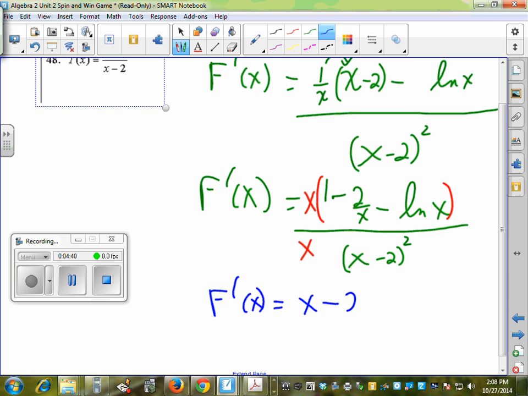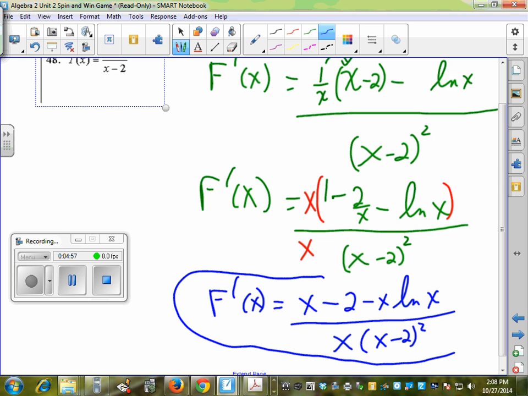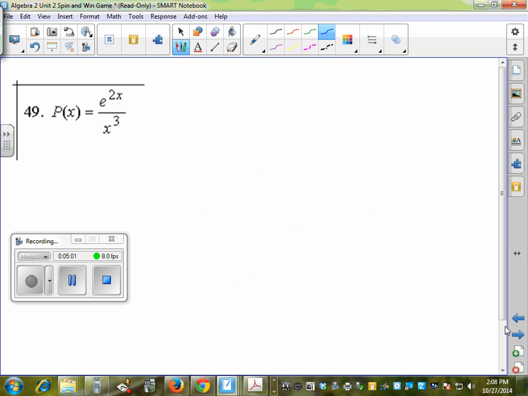That's going to cancel. Minus x out in x over the bottom, and it's already nice and factored down there. Some people might want to cancel that x, but once again, that x is involved in a direct subtraction, so we can't go any further, and that would be our answer.